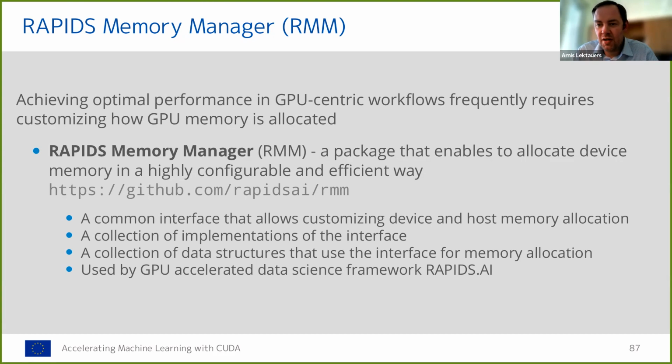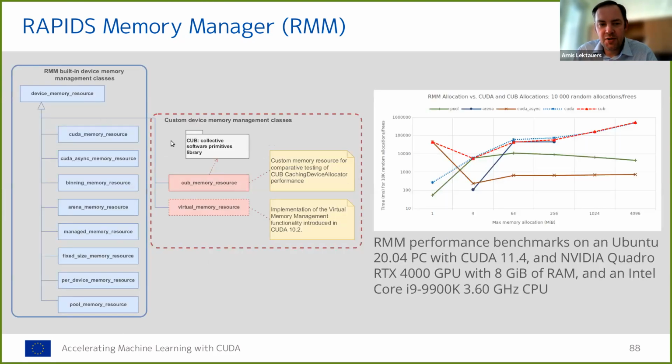It is a package enabling to allocate device memory in a highly configurable and efficient way, providing different types of memory management and allowing to improve the efficiency during the work with large amount of different data types and small chunks of memory. It is a common issue with CUDA, for example, and difficulty, and Rapids Memory Manager can efficiently or partially solve the given issue.